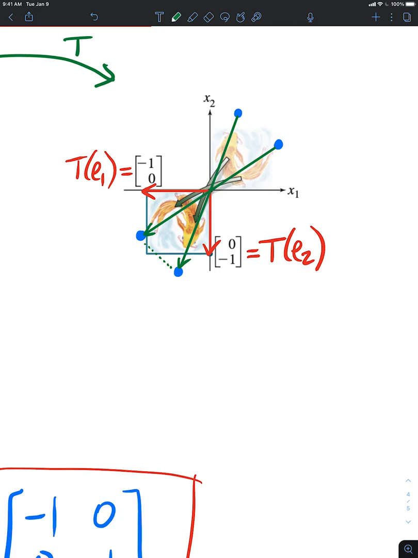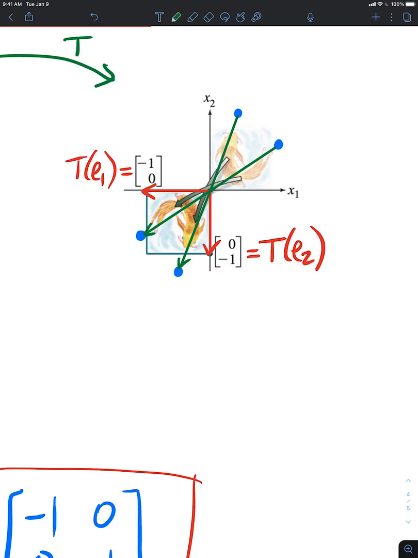And so the idea is, as long as the 2 points you start with are different, the 2 points that they get sent to are going to be different as well. And this is not a proof, right? I just drew 2 points and drew some arrows. That's not a rigorous, convincing proof, but I think it at least gives you an idea of why you ought to expect that in this case the answer is going to be yes, that T is going to be 1-to-1.